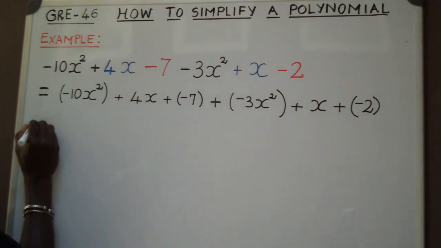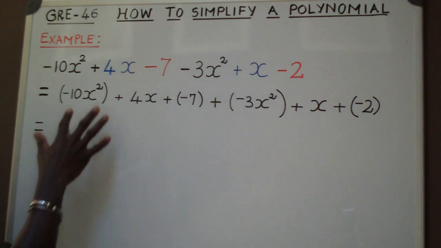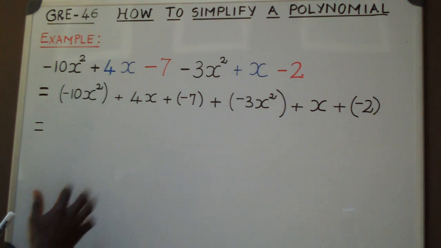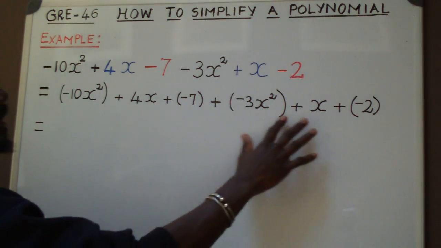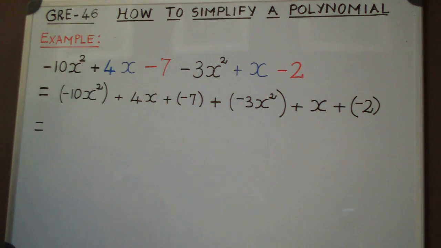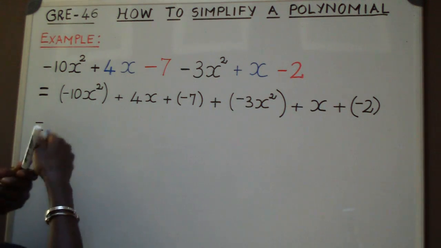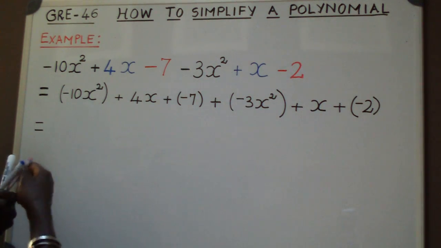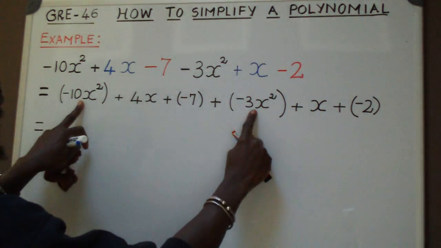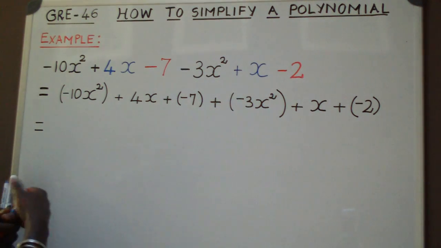Now in my second step, what I'm going to do is to group the binomials that have the same variable parts. In other words, I'm going to group all the like binomials together. Now this binomial here, as you can see, is like this one here. In other words, these two binomials here are like binomials. So because they are like binomials, I'm going to group them together.